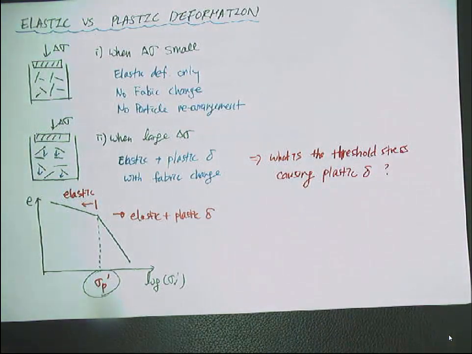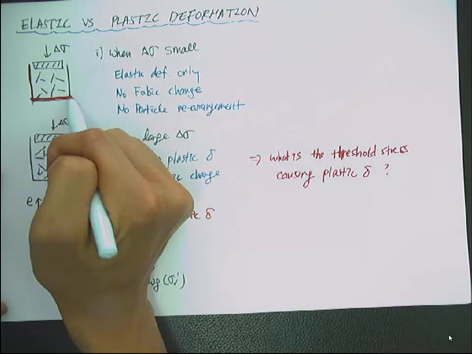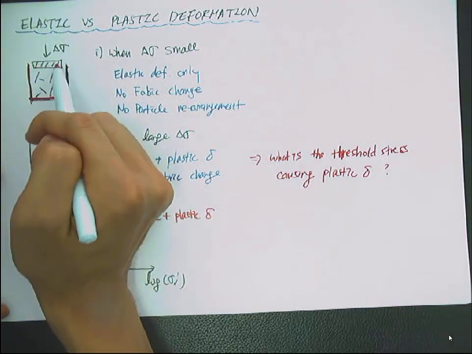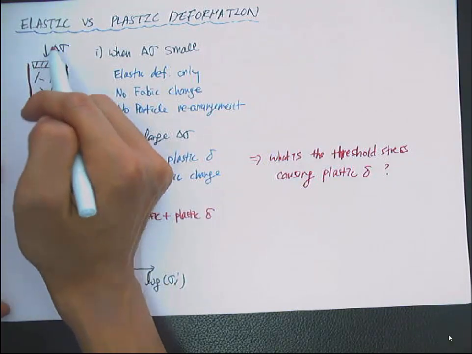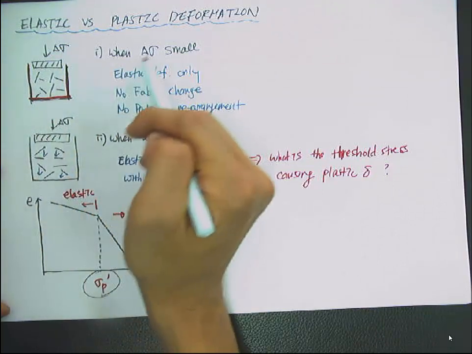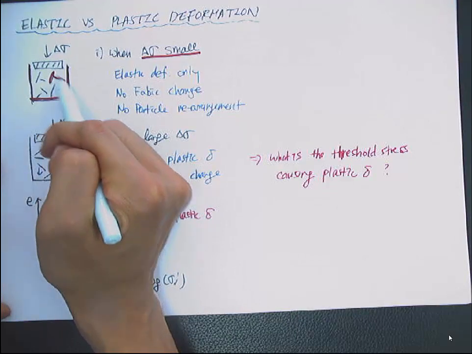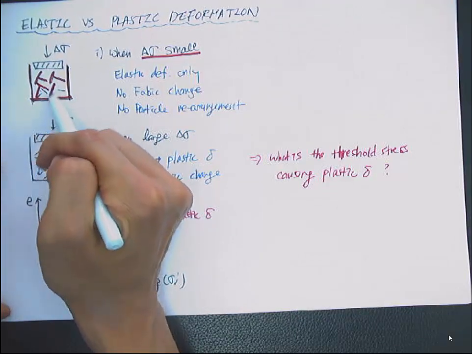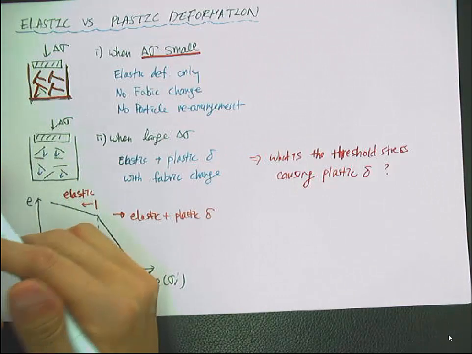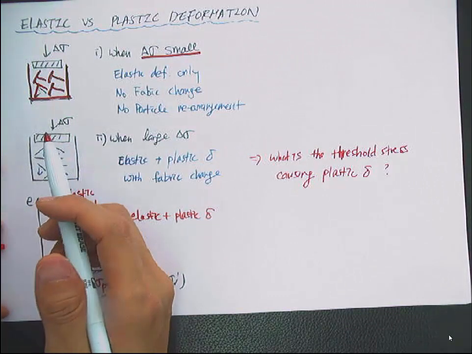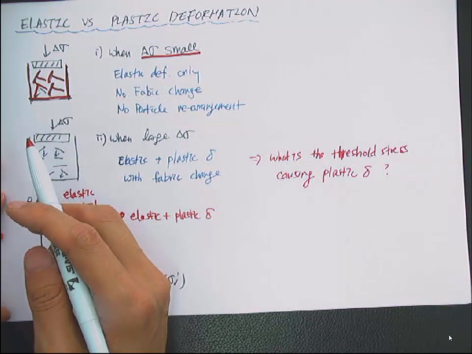Now, let's talk about elastic and plastic deformation. Imagine that we have a clay sample in a container, and we apply a vertical loading by delta sigma. When delta sigma is small, this flocculated clay will resist delta sigma with only elastic deformation.